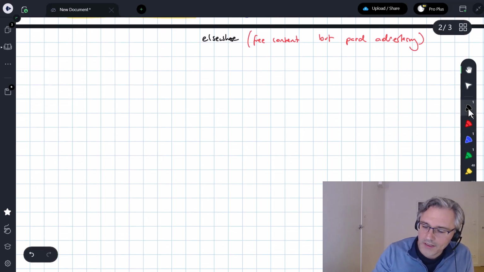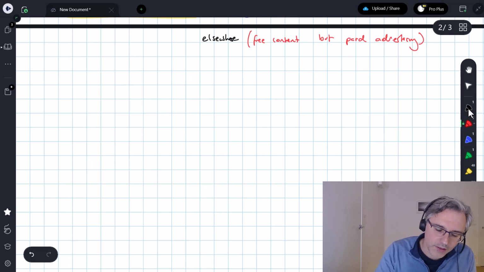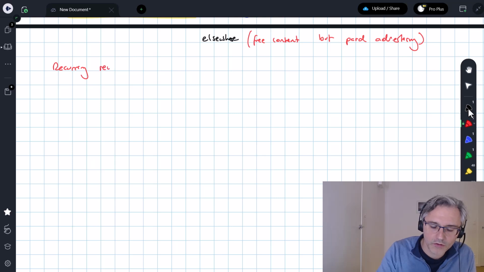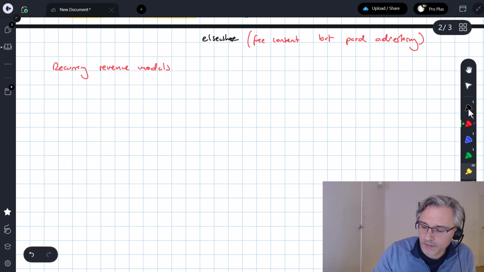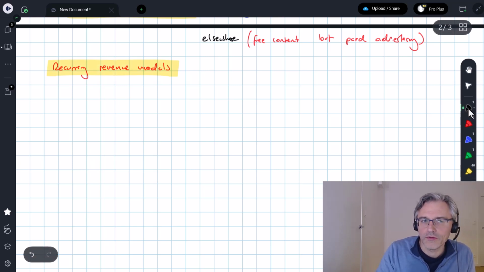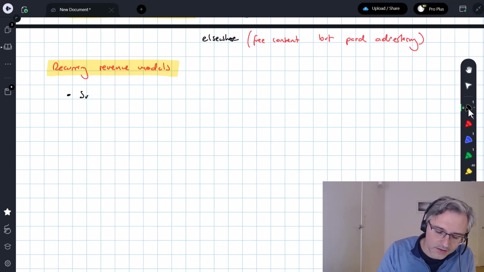Okay, this section finishes off with some remarks on recurring revenue models. So it's not all about selling digital products. It's also about more classic things like a subscription model, which has been around for ages, right?